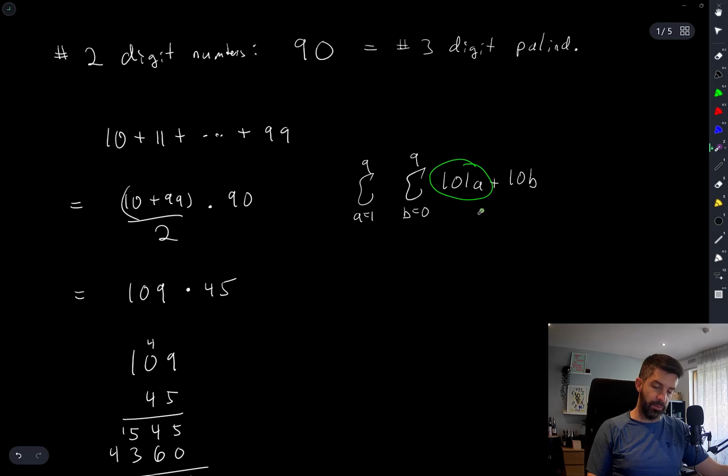This does not depend on B, so when you sum that component over B, it gets multiplied by the number of terms here. And then this one is easy to compute. This is just the sum of the first 10 numbers, going from 0 to 9, multiplied by 10. And then that's going to be an expression that won't depend on a. So when you sum that over a, you have to remember to multiply it by 9.